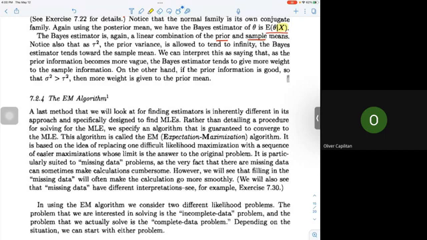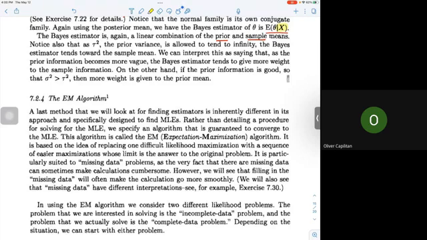So this algorithm is called the EM algorithm, or the expectation maximization algorithm. It is based on the idea of replacing one difficult likelihood maximization with a sequence of easier maximizations whose limit is the answer to the original problem.